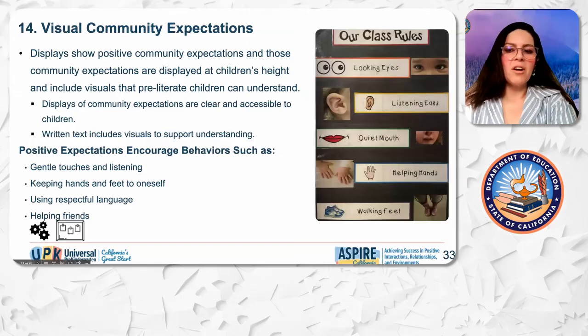When expectations are presented positively, such as gentle touches, helping friends, or listening ears, they support emotional regulation and create a sense of shared responsibility. These visuals act as a reminder that children can reference throughout the day, helping build independence and predictability in our community environment.